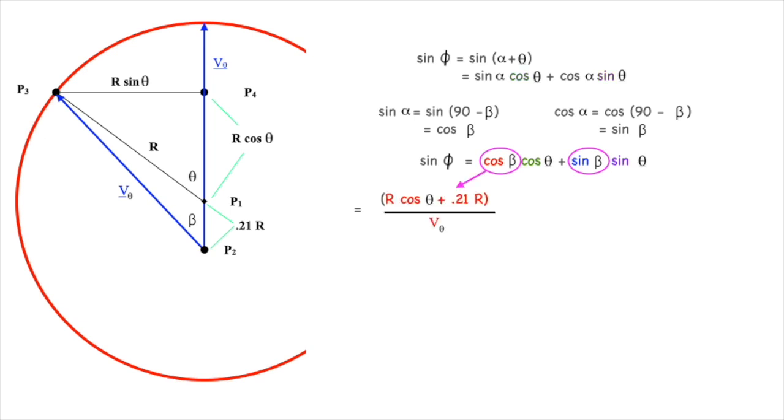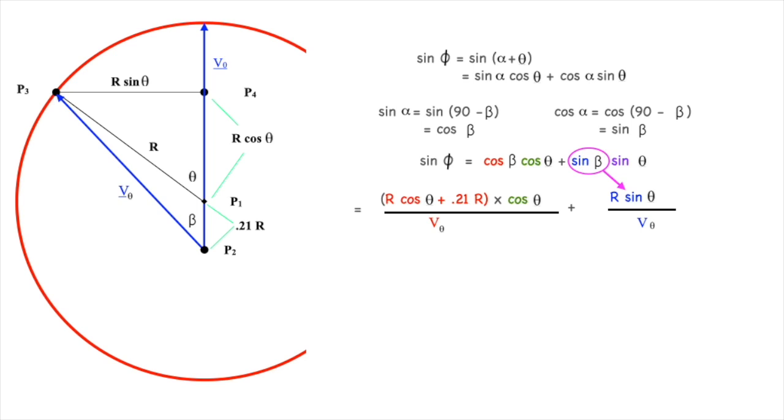So, for example, we can see that cosine beta equals the quantity r cosine theta plus 0.21 r, all divided by v sub theta. We multiply that quantity by cosine theta, and we now have an alternative way of writing the first term of our expression for sine phi above.